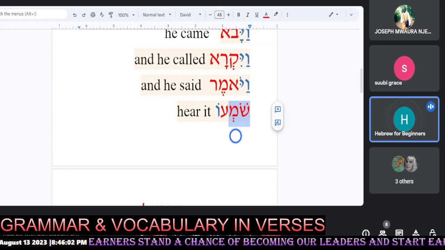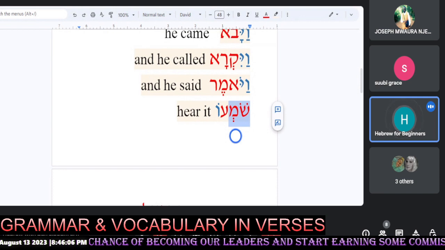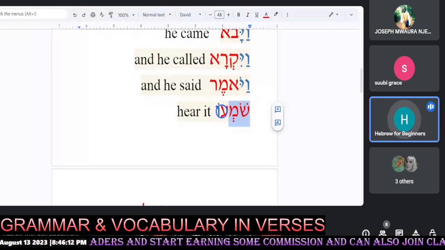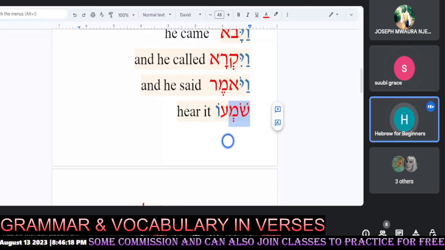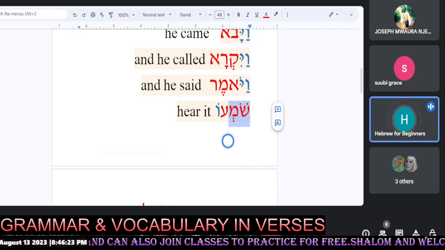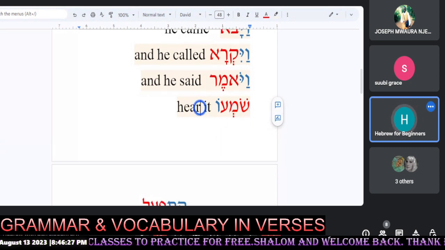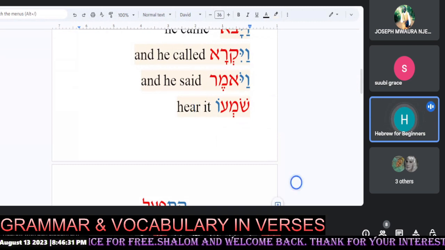Shom'o is hears it or hear it. And we'll see how that functions in the verse. But the cholam at the end stands for the word it. Shom'o. He, she hears it.